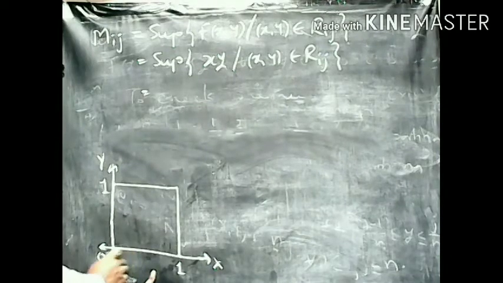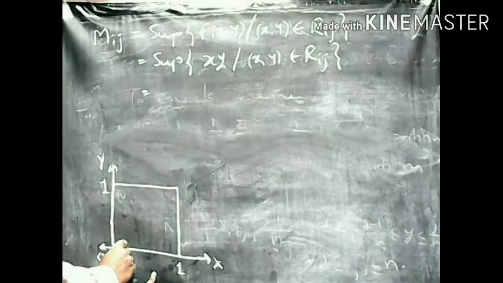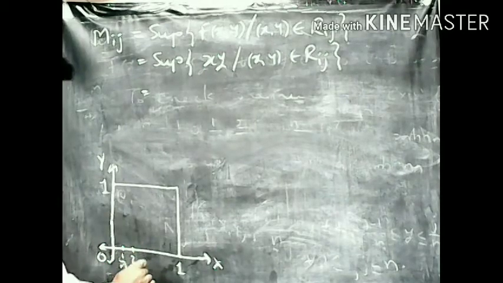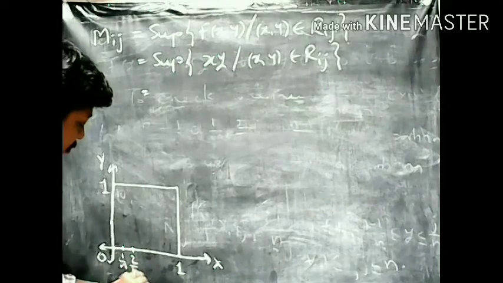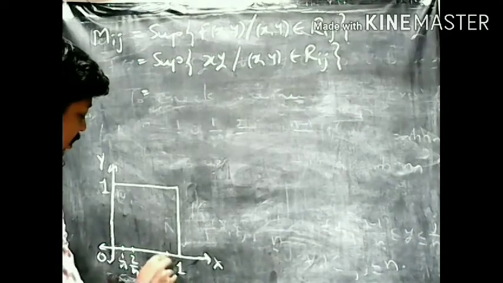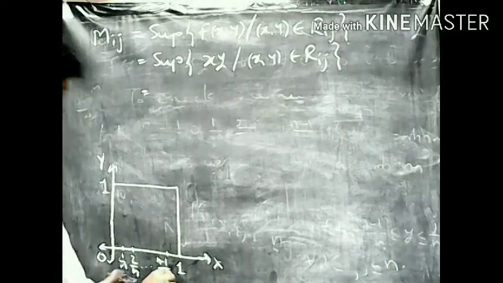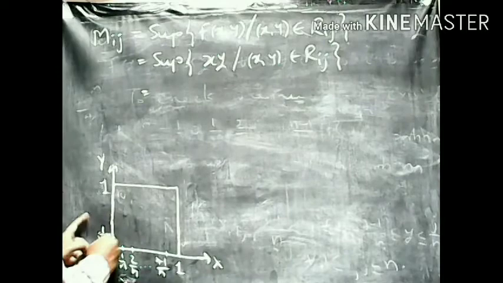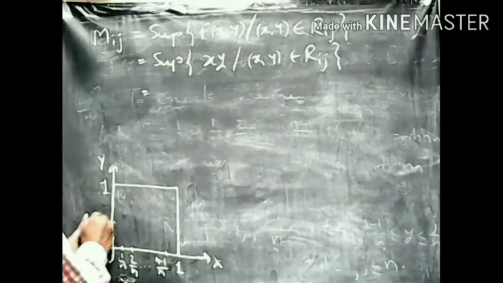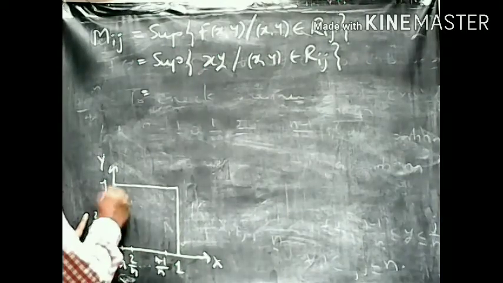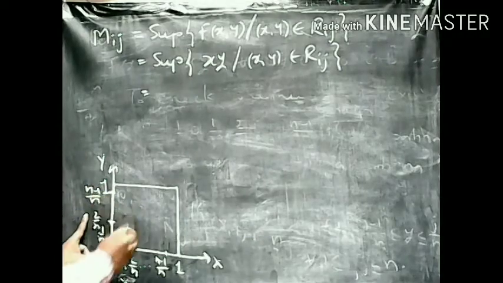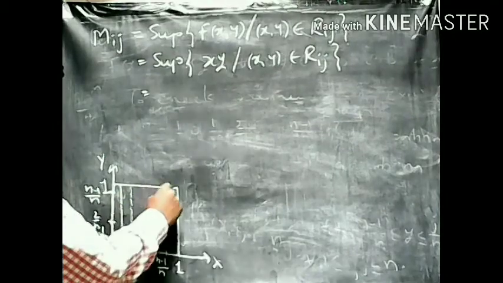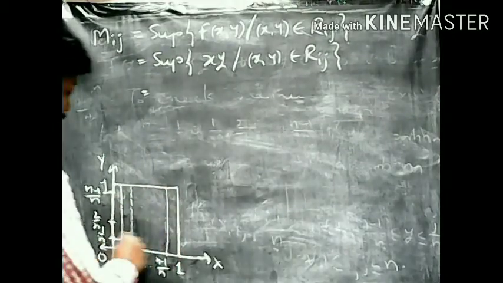Now we have taken a partition 0, 1/n, 2/n, ..., (n-1)/n, and the same partition here also, and we have drawn the horizontal lines as well as vertical lines.